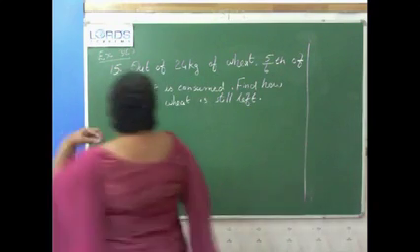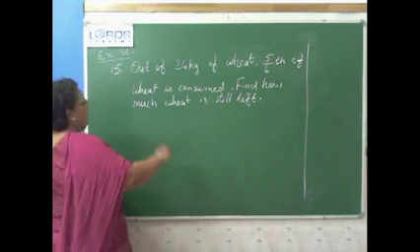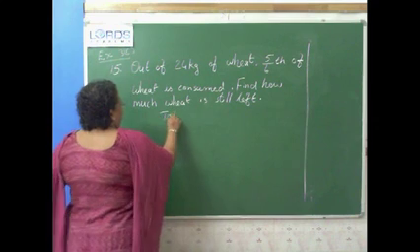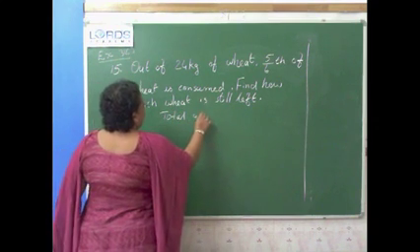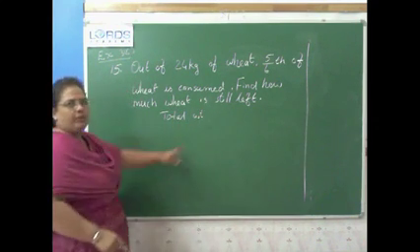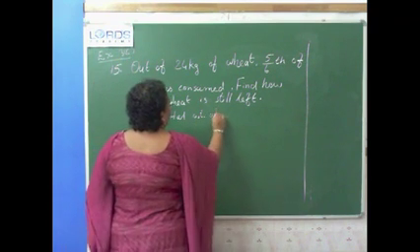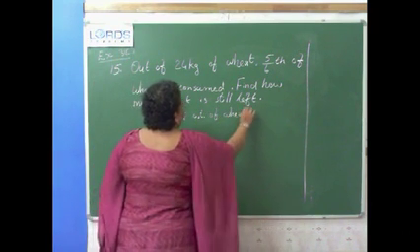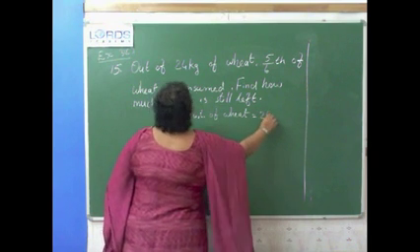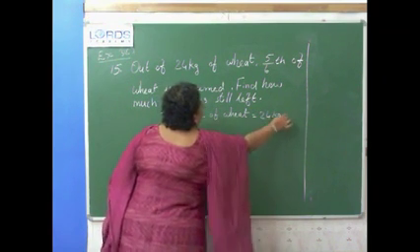So, we will start writing. Total weight, I am just writing the abbreviation WT here, but you have to write the full form. Total weight of wheat is equal to 24 kilograms.